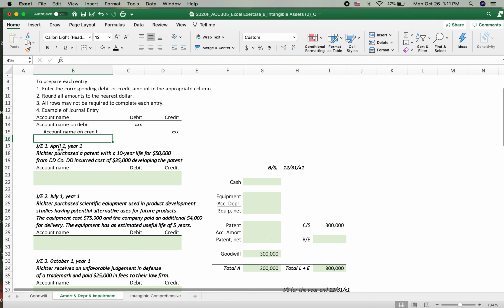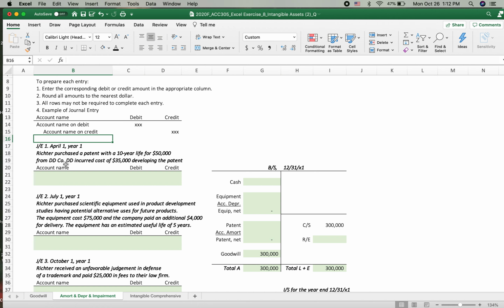Now, April 1st, journal entry 1, year 1: Richter purchased a patent with a 10-year life for $50,000 from DD Corporation. DD incurred a cost of $35,000 developing the patent. So this $35,000 development cost of the patent from DD is irrelevant information.